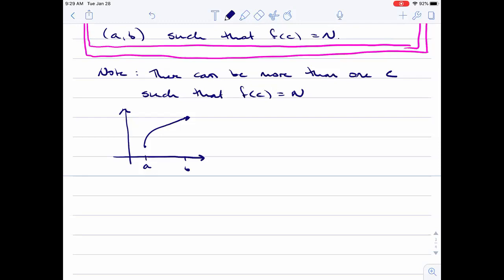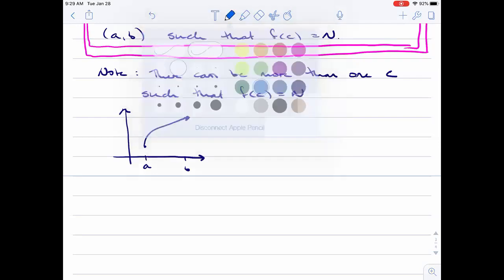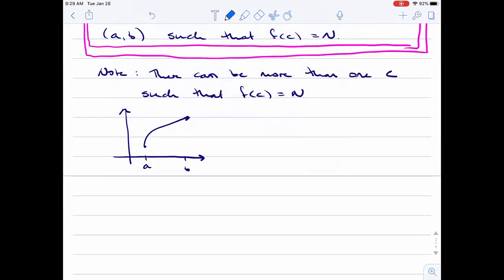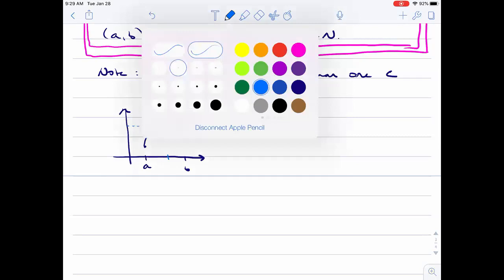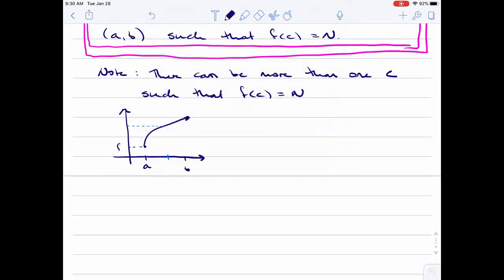All the intermediate value theorem is saying is that there exists some C. If I pick a value of n between f of A and f of B, here's f of A and f of B, then there exists some C that makes that happen between A and B.